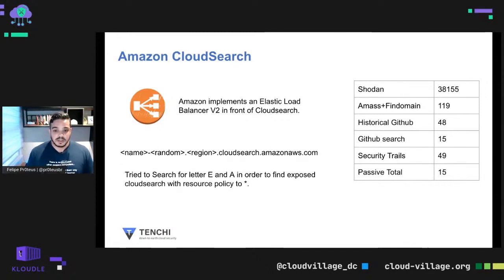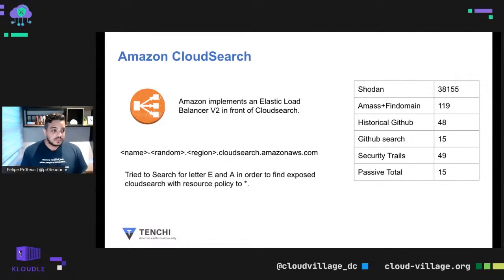So looking for that in Shodan, I could reach at least 38,000 CloudSearch servers on the internet. But in Shodan, you only have the IP address. As Amazon implements an elastic load balancer in front of it, without knowing the DNS we are not able to get the correct virtual host, which leaves us with only Amass, GitHub, and passive DNS as data sources.